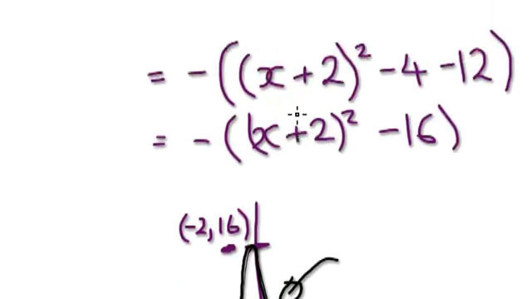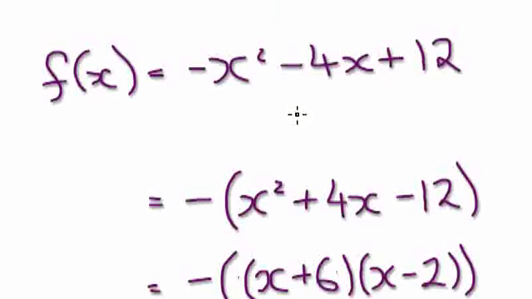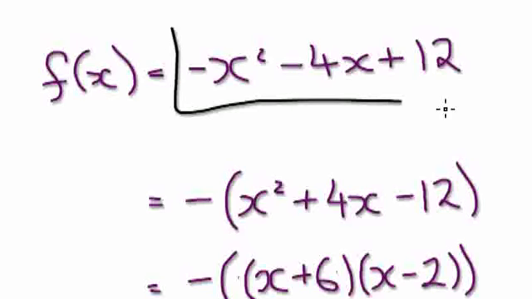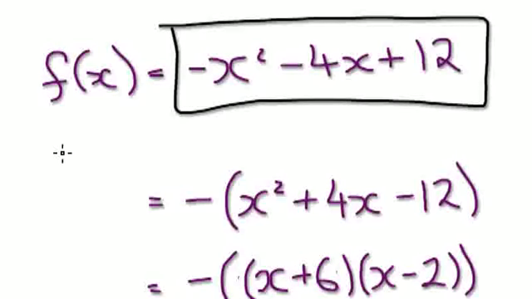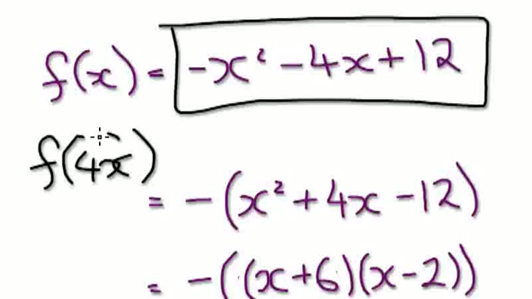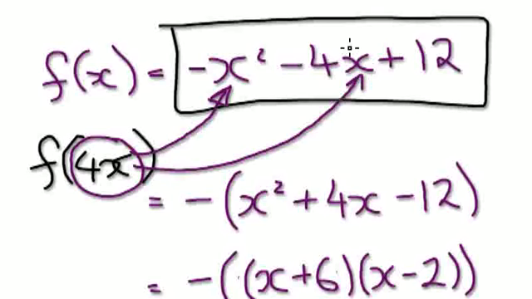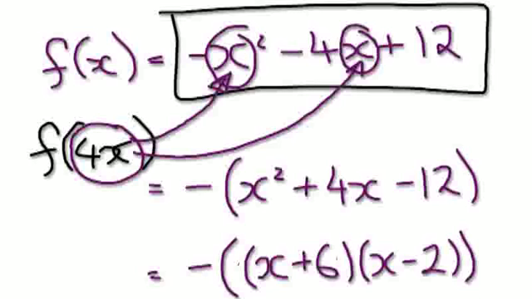Now the equation for this line. Let's go back to the original, f of x. If we want to know f of 4x, a quick way of doing this is to take this 4x and put it into each of these x's. That becomes your x.